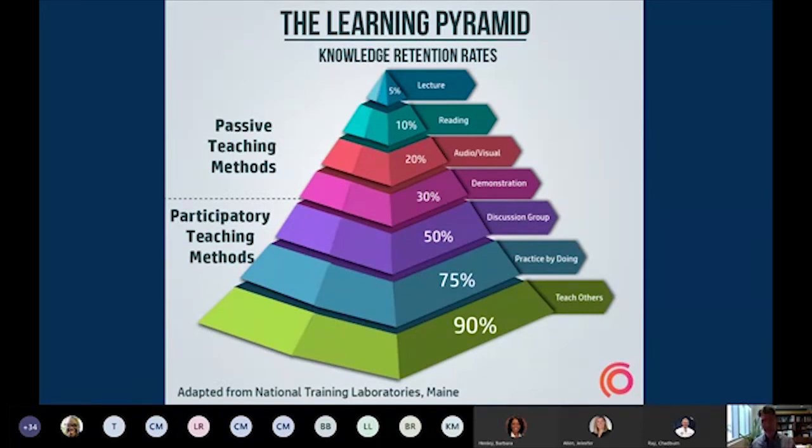But what you can get from this is that the more you are moving towards the real world application and actually engaging in the process of learning, the more gets retained. So I tend to be a lot more motivated to stay engaged if I'm practicing something versus sitting in a lecture hall.